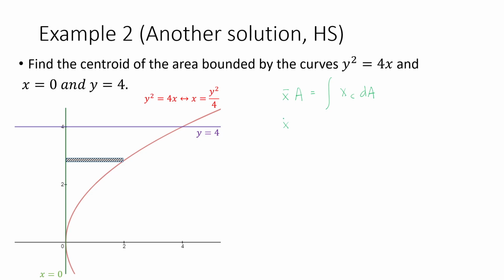So again, if we try to expand dA or define dA furthermore, so x sub c, and then since we are using horizontal strip, x right minus x left, and then dy from y1 to y2. All right, so this time, since kibaw naman ta sa area sa x right and x left, what's left for us to define is the x sub c.